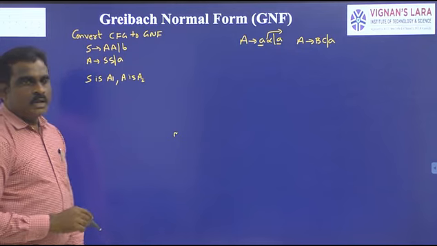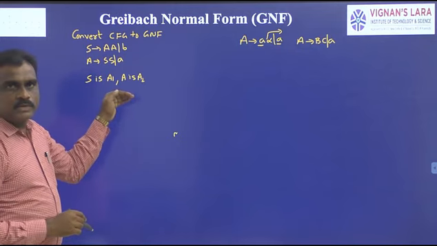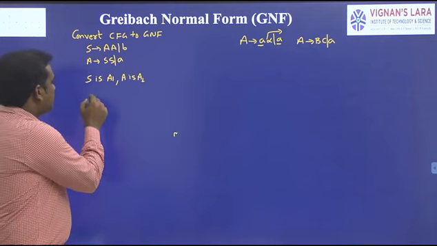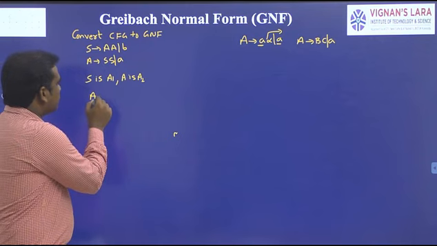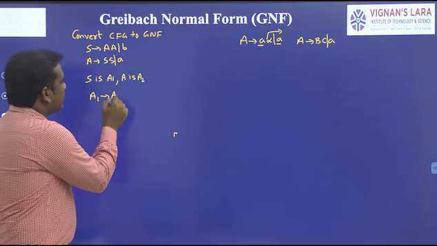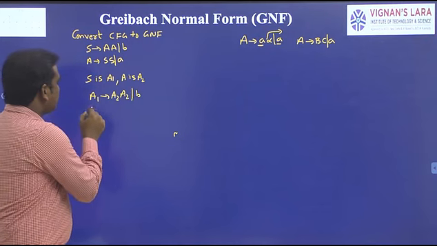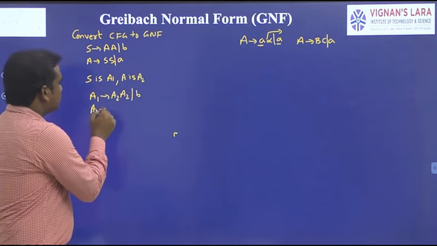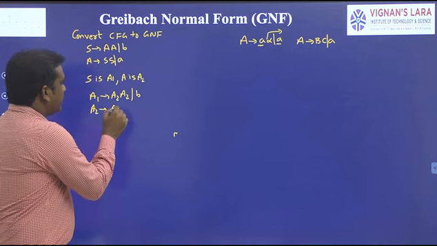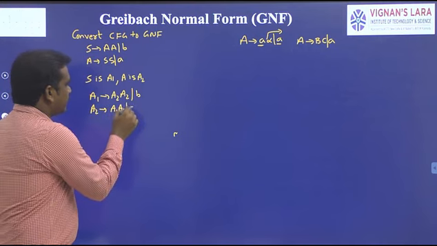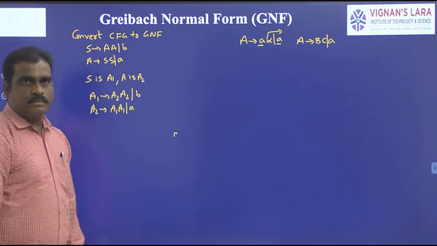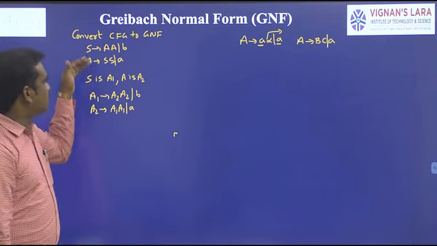After replacing with A1 and A2, the grammar is like this: A1 goes to A2 A2 slash B, and A2 goes to A1 A1 slash A. So this is the given grammar.